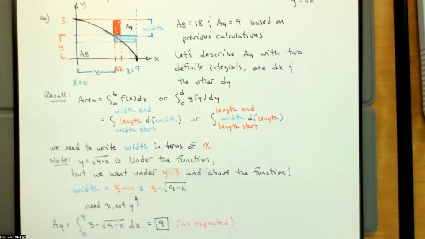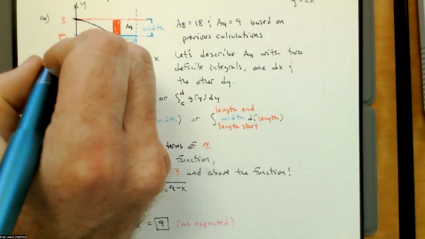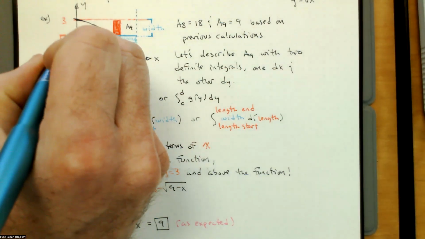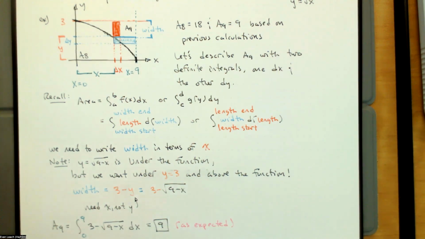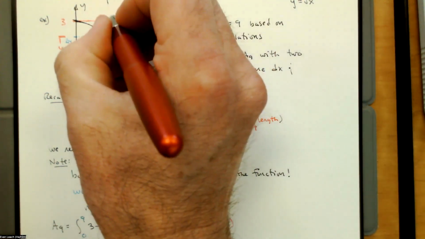So we're changing what the delta variable is. So here we're thinking in terms of delta y. And now what we need to go with our delta y is the length, which is up here.